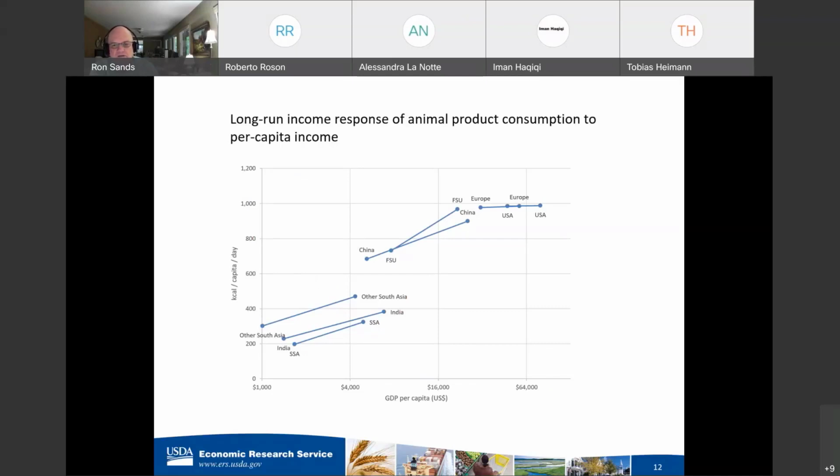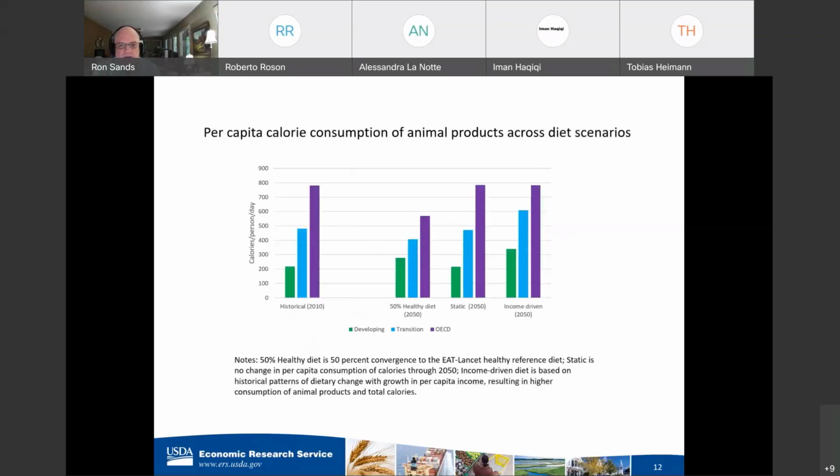For the transition regions, they're starting to approach animal product consumption of the rich regions, but in the developing regions, we don't have the full transition to such a large consumption of animal products, but still increasing.